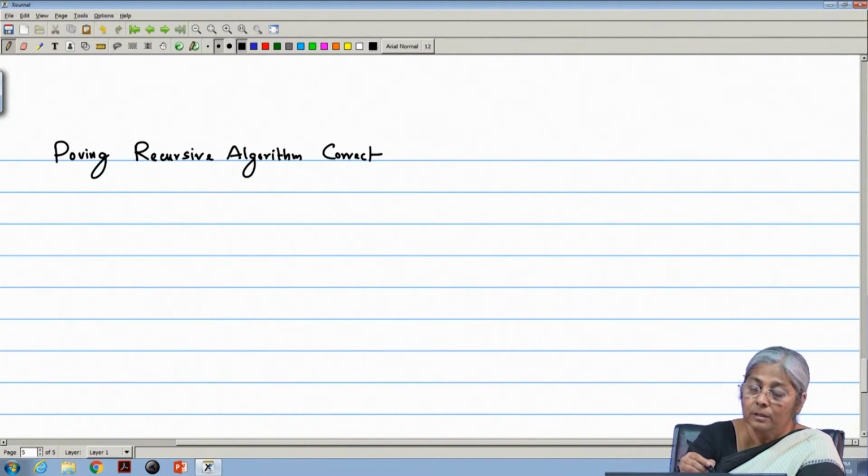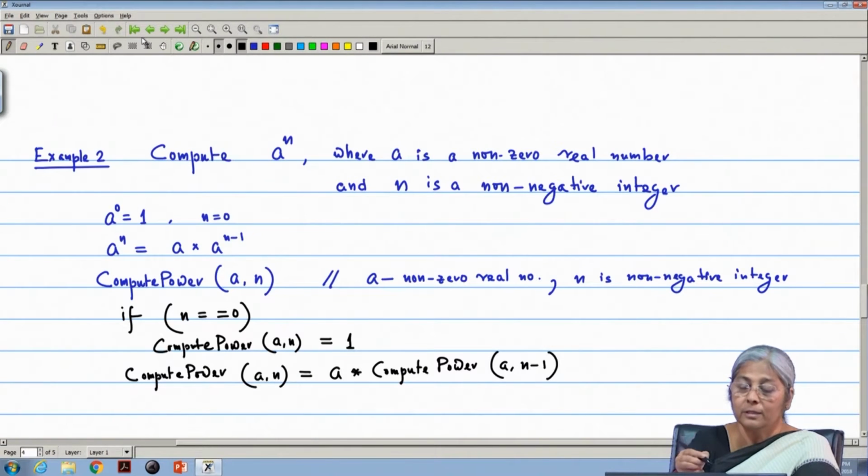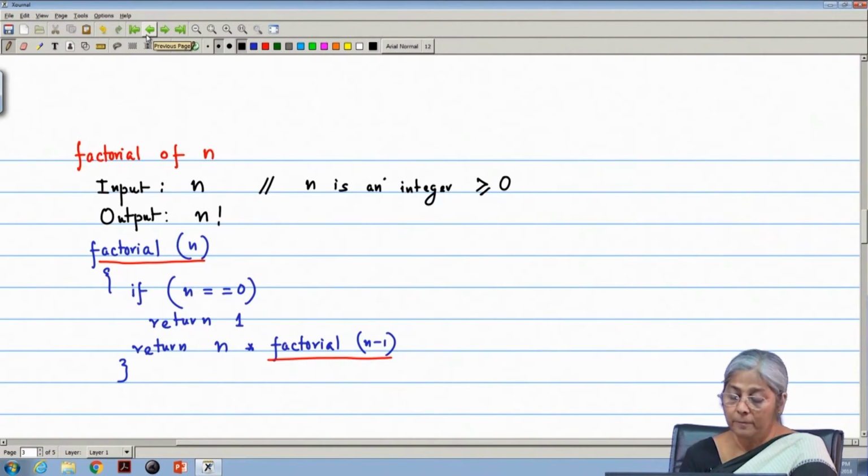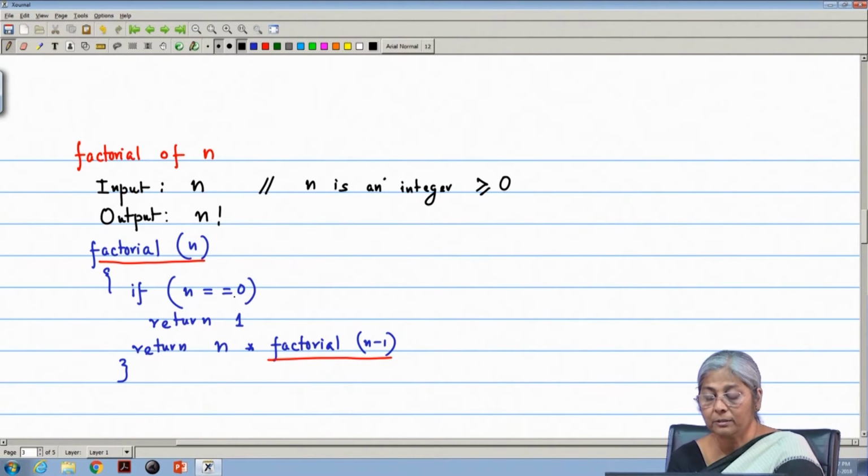Now, if we see the two simple examples, if n equal to 0 return 1. This is my terminating condition, that means there is some condition where the algorithm will stop, otherwise it is return n into factorial(n minus 1).